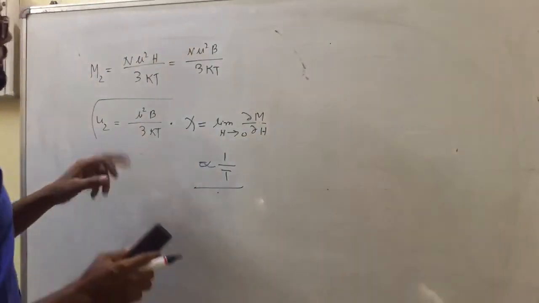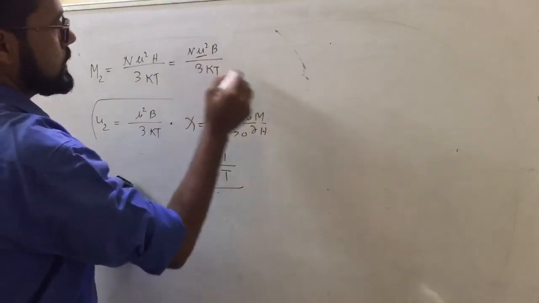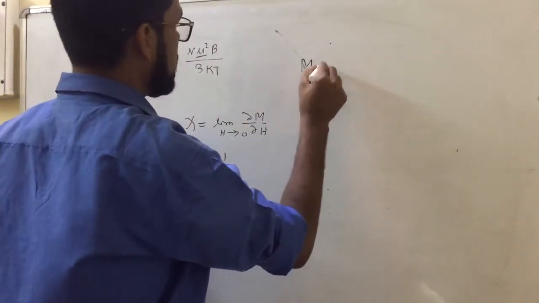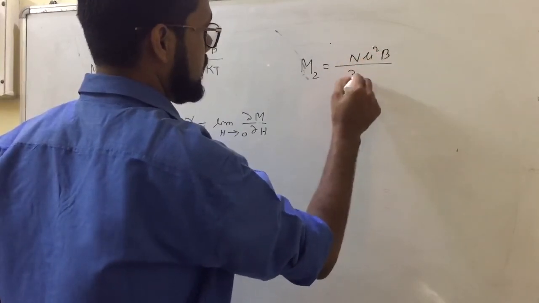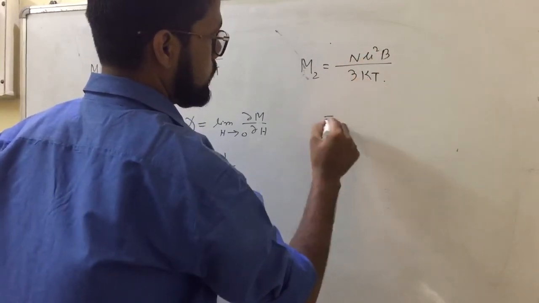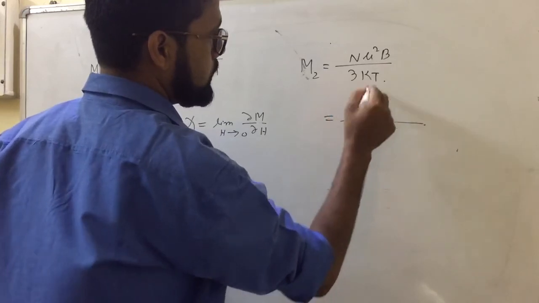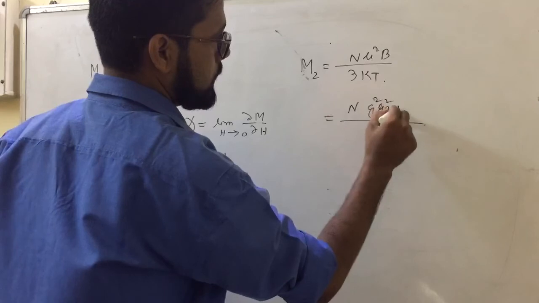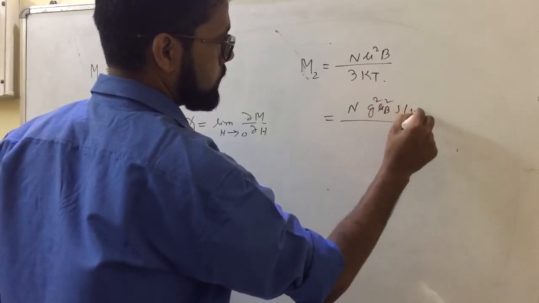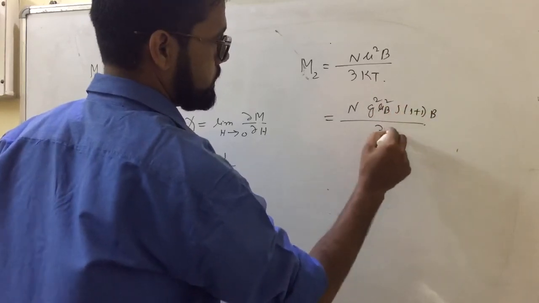And this is in quantum mechanics. In quantum mechanics, you see this equation, magnetization equals the classical formula, mu_B over 3kT. If we place mu equal to g mu_B, it becomes g square mu_B square J into J plus 1 over 3kT.